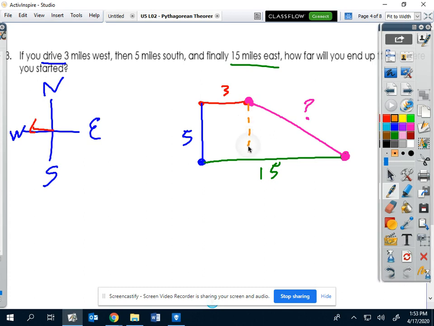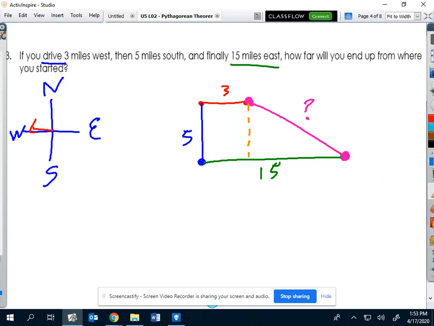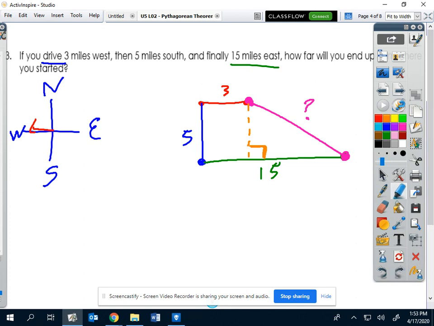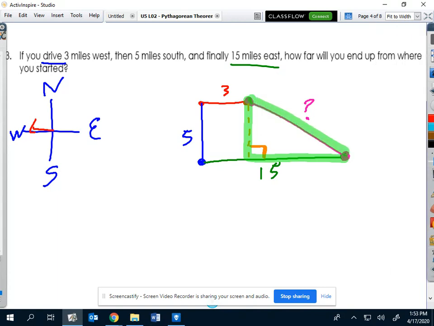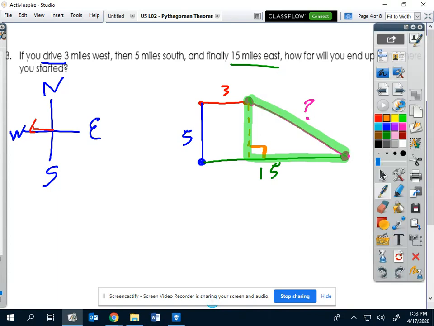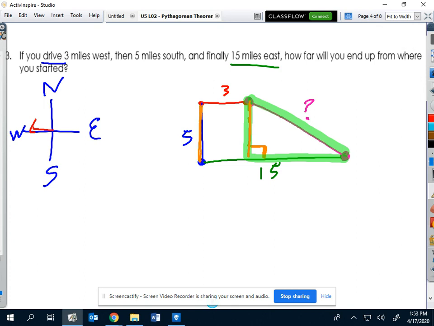Because if we draw a vertical line straight down, this creates that right angle that we're looking for, and it creates a right triangle that we can actually identify the dimensions of. So our new right triangle is right here, okay? Well, let's think about it for a second. What's the length of this dotted line? Well, this dotted line going straight down here is the same as this straight down line right there.